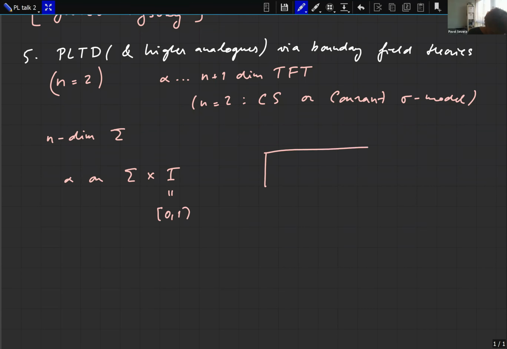So it's something like this. Let's say that this direction is sigma, that direction is I. And so now we're putting this topological field theory on a manifold with a boundary. Say, imagine we're taking Chern-Simons, but on something three-dimensional with a boundary. So we need to specify some boundary conditions or something of that sort.